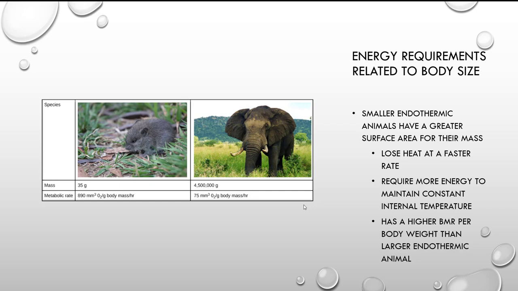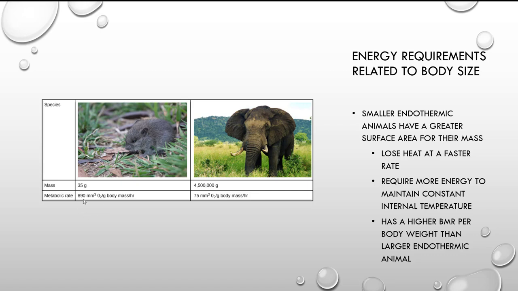Another thing that we can look at is size comparisons. The smaller the endothermic animal is, the greater the surface area for its mass. Because they have a greater surface area, they are more likely to lose heat faster than a larger animal. For example, if we look at a little, is this a vole? Some sort of rodent species here. It has a small body, about 35 grams.